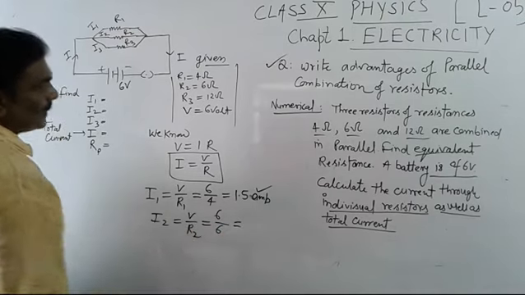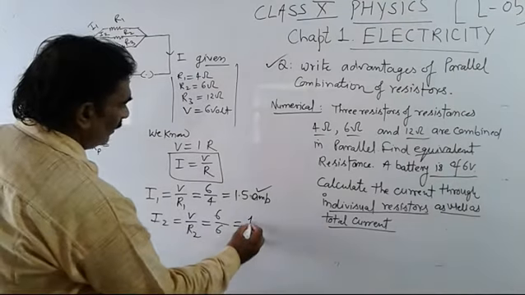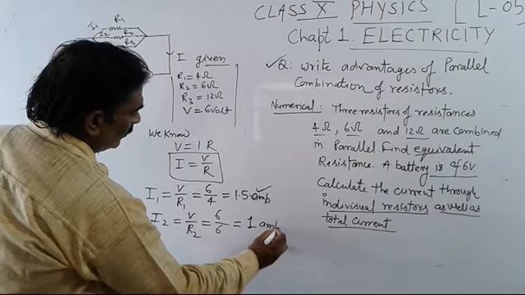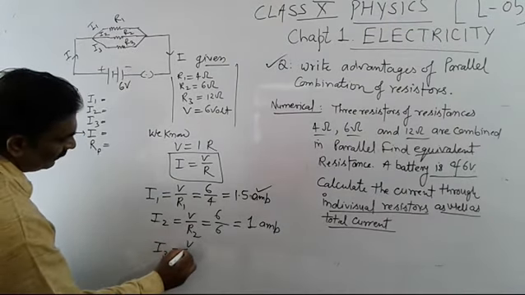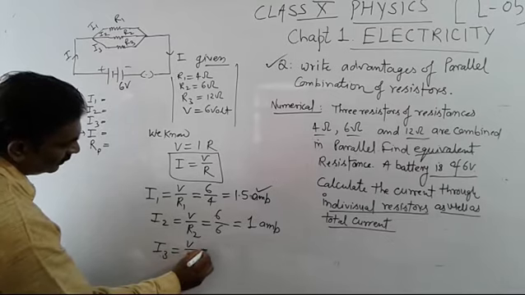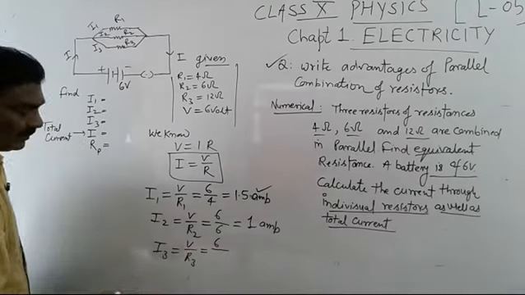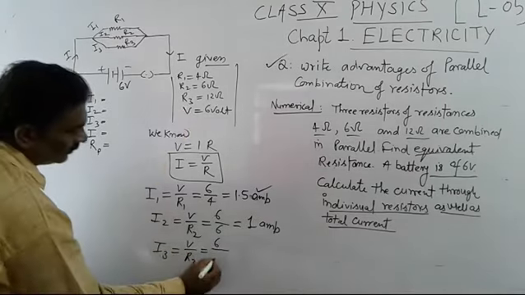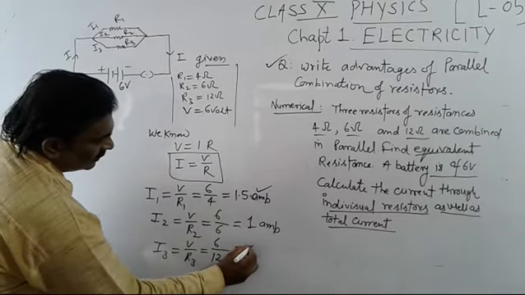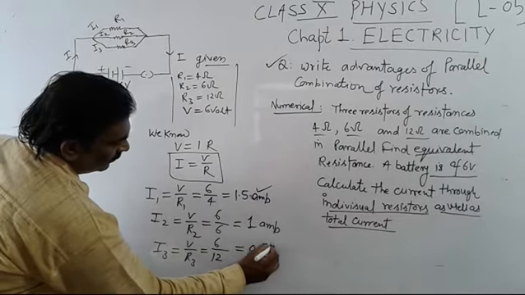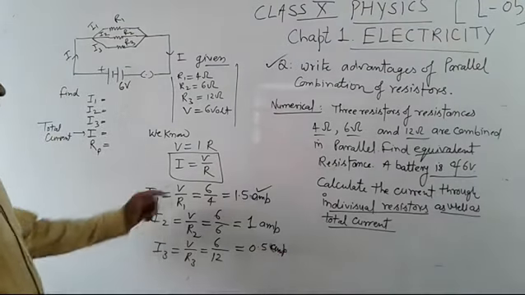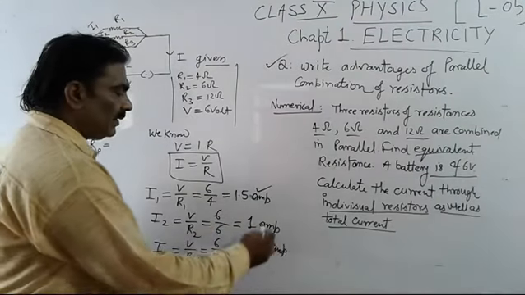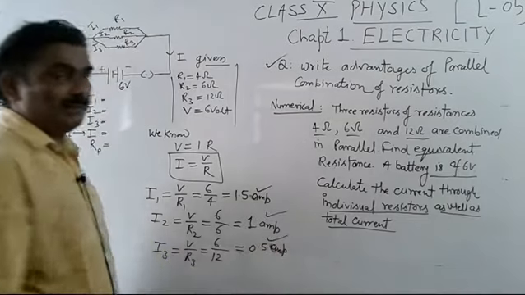Therefore, it becomes 1 ampere. Similarly, for I3, V upon R3: voltage 6 volt, R3 is 12 ohm. It becomes 0.5 ampere. Students, we have individual currents 1.5 ampere, 1 ampere and 0.5 ampere.